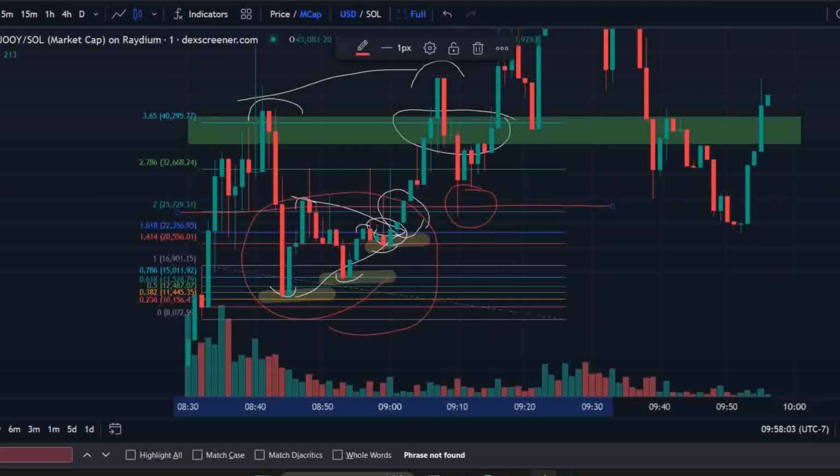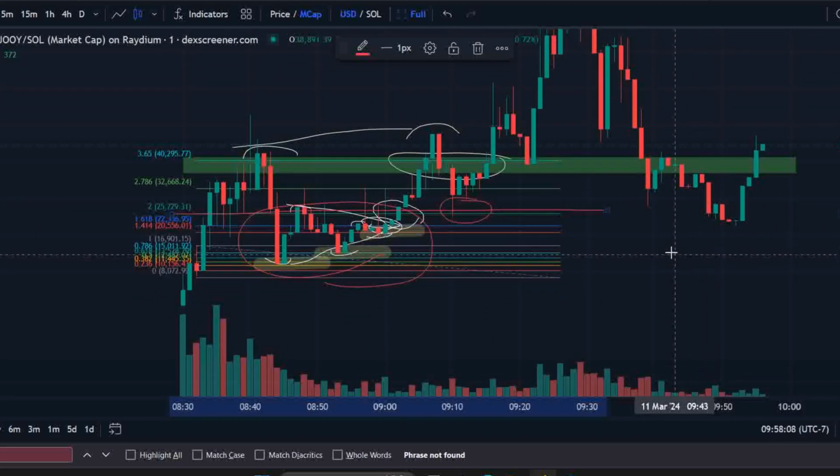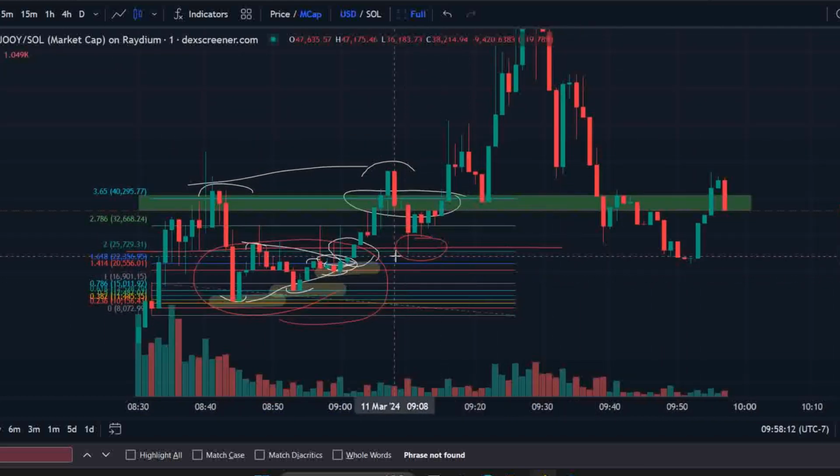Okay, so that's another good sign. You don't even have to go and get into trades. You just want to see all these things developing, and then all this stuff that I was talking about. And then now you have all these signs that it's kind of a decent trade movement.